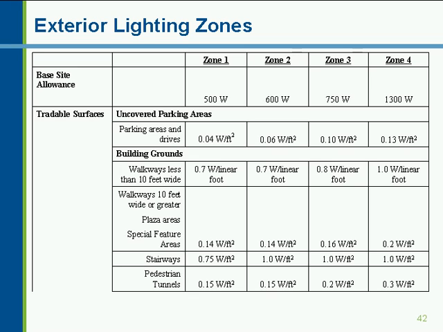And this is the first part of the table, starting off with the tradable surfaces, but you'll notice at the top there's a base site allowance. So depending on whatever zone you're in, you do start off with a certain number of watts just from the beginning because you're going to need a certain allowance for different parts of exterior lighting. And the allowances are different, of course, because of the zoning.